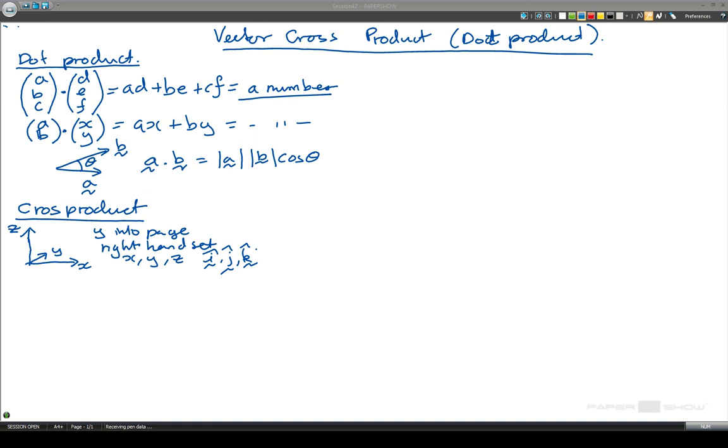Now, the way that a cross product works, I'm going to draw a picture of it first.